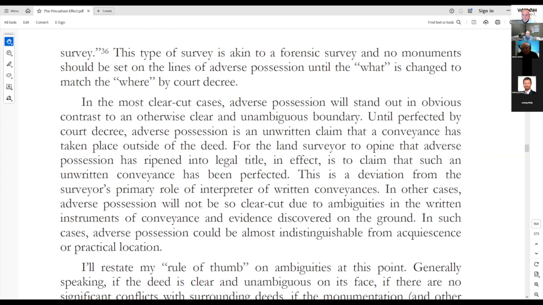This is a deviation from the surveyor's primary role of interpreter of written conveyances. In other cases, adverse possession will not be so clear-cut due to ambiguities in the written instrument of conveyance and evidence discovered on the ground. In such cases, adverse possession could almost be indistinguishable from acquiescence or practical location, and we'll talk about those in a little bit.